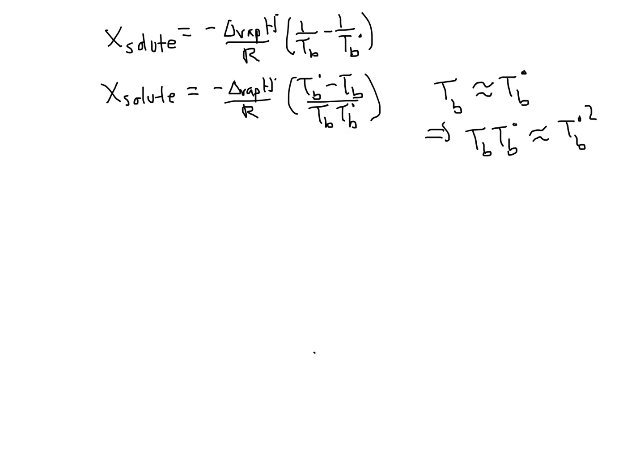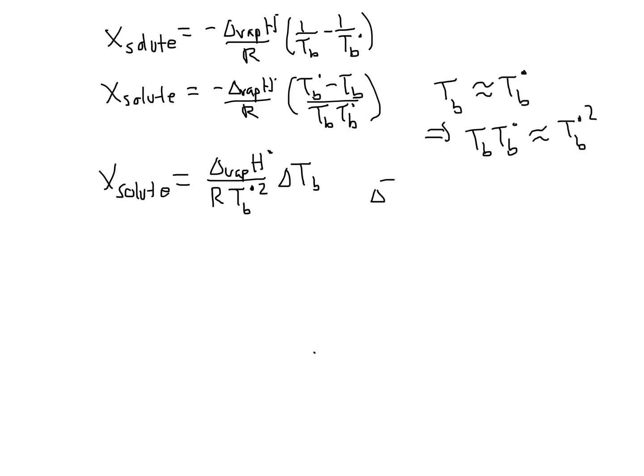Notice that our difference is the opposite of the difference that we want, but we have a minus sign that multiplies the entire equation, and so we can finally write that x of the solute is equal to delta H of vaporization for the solvent divided by R times the boiling point of the pure solvent squared times delta T boiling.